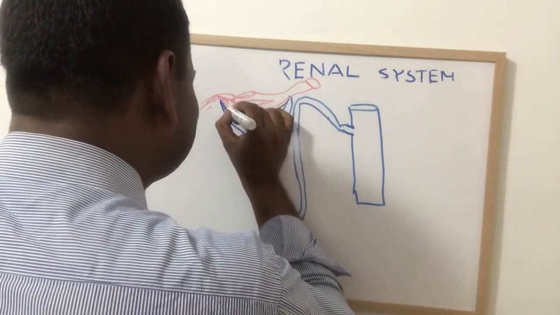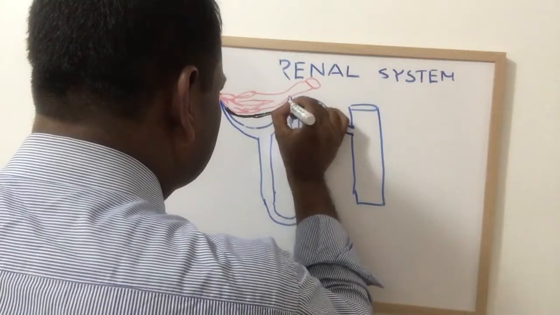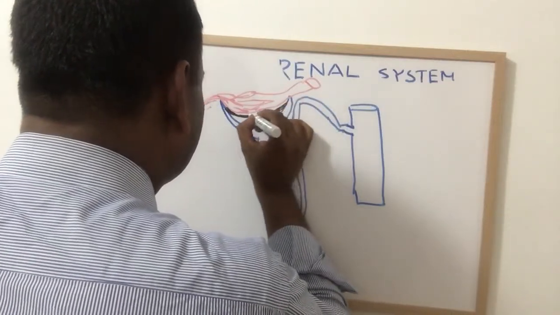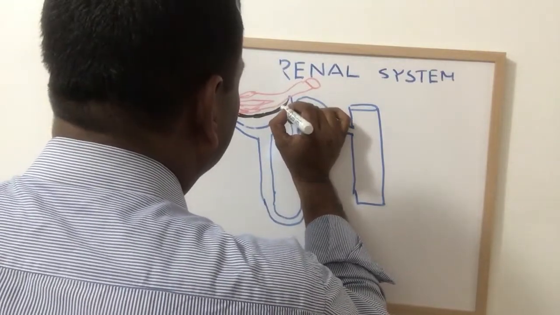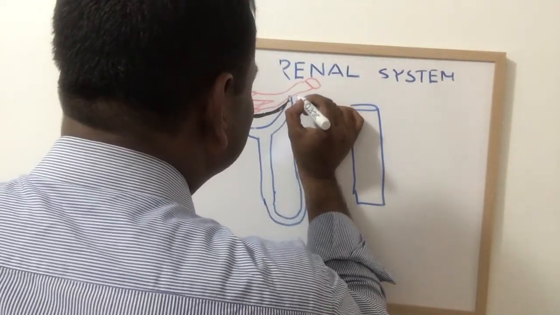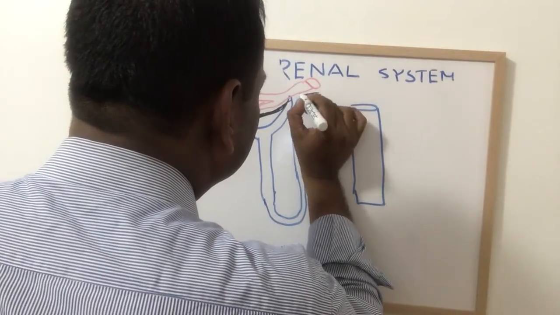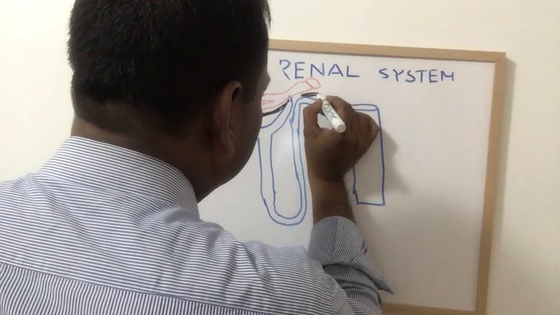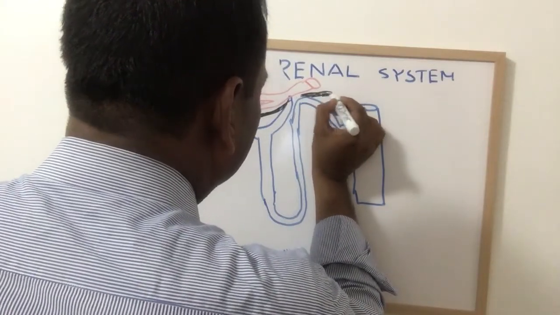This is proximal convoluted basement membrane. It has three alpha chain peptide here. 1, 2, 3. We'll talk about later.